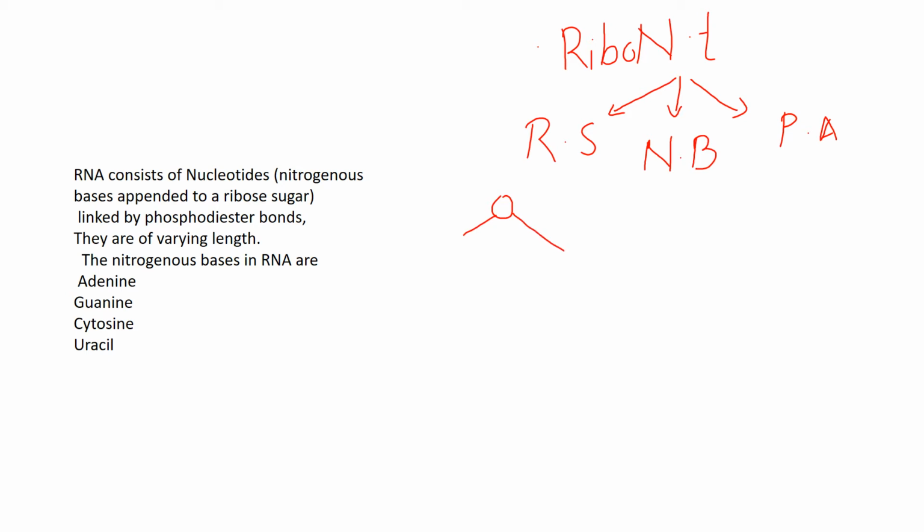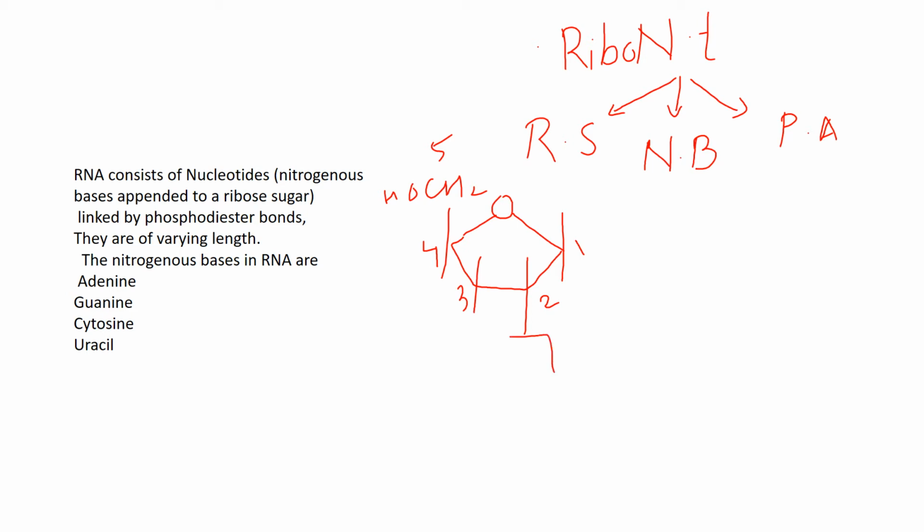Let's again refresh what we had studied in DNA. The ribose sugar is the same sugar which we find in DNA, except that, and we will number the carbons. This is the first carbon, second carbon, third carbon, fourth carbon, and this is the fifth carbon.